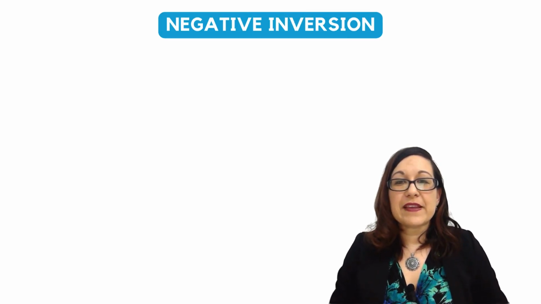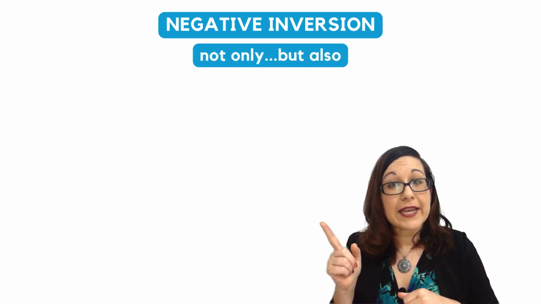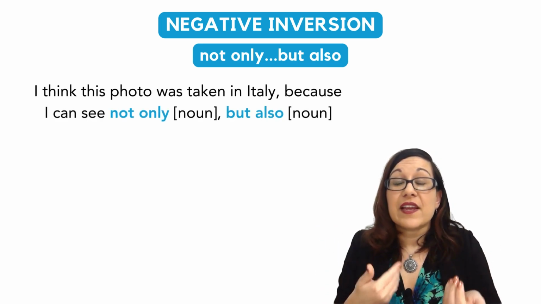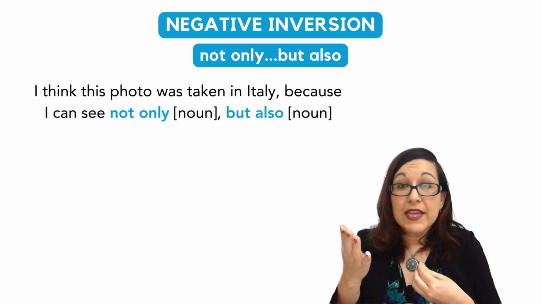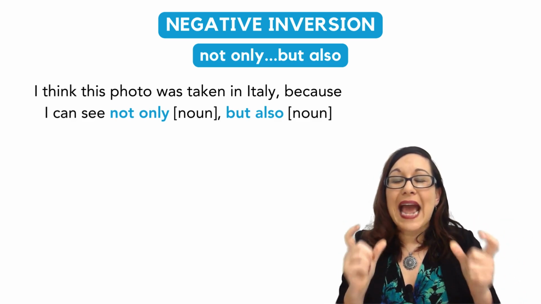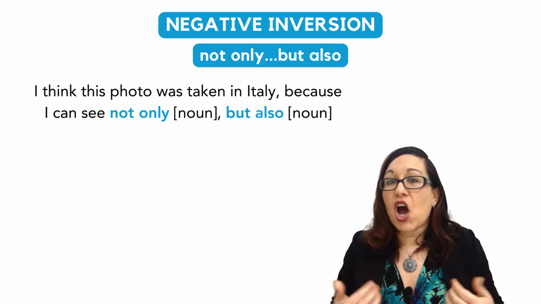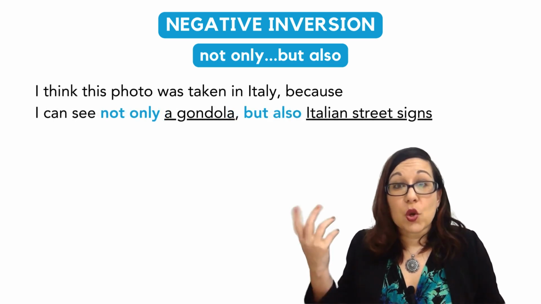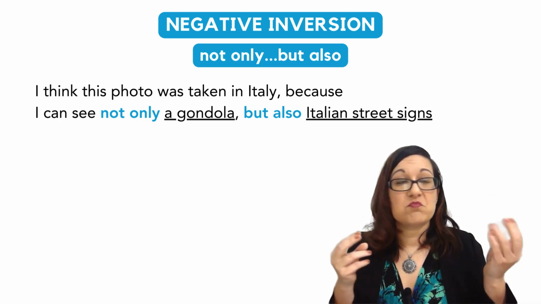So we're going to be using the most common negative inversion, which is not only, but also. So I think this photo was taken in Italy because I can see not only, but also. So I've got two nouns that I'm going to be plugging into this sentence. And I could keep it easy and say, because I can see not only a gondola, but also Italian street signs.